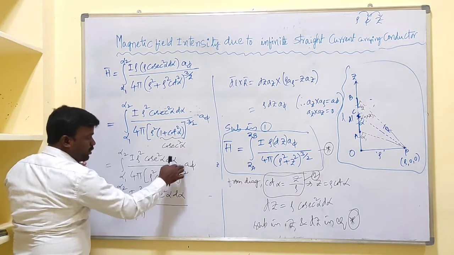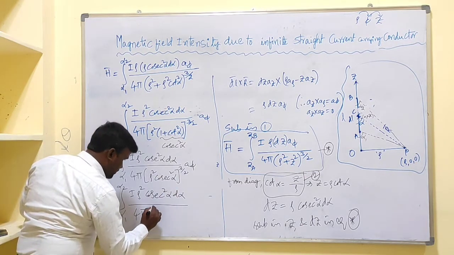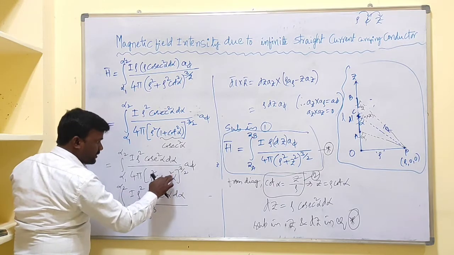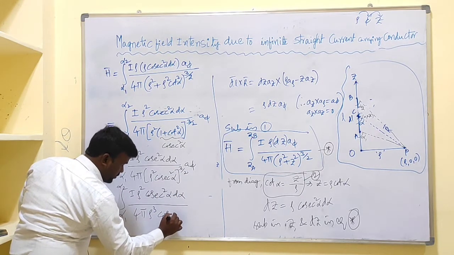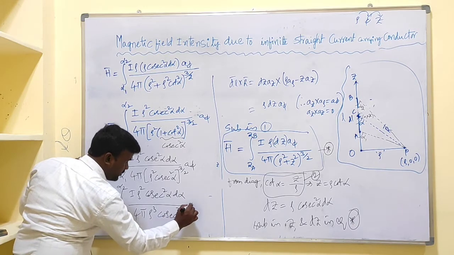Here rho square whole power 3 by 2 is rho cube, and cosecant square alpha whole power 3 by 2 is cosecant cube alpha, since the square and the 1 by 2 cancel out.